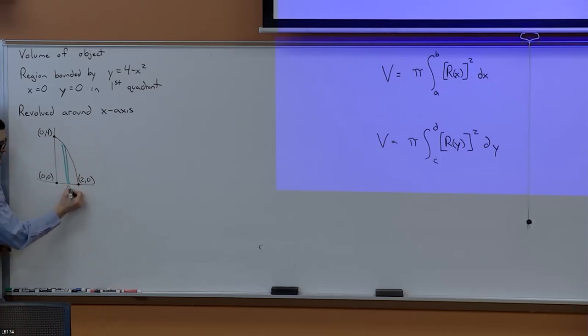In other words, the width is the change in x, right? So I'm looking at this region here. That region was created by a bunch of little rectangles. That you might be able to see. This way.